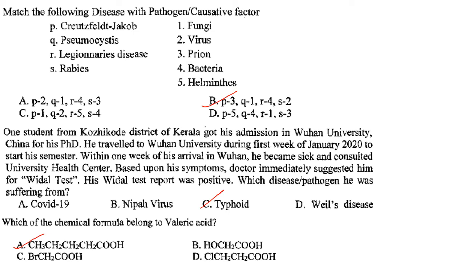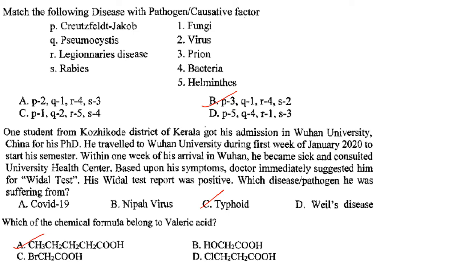Then next one, one student from Kozhikode district of Kerala got his admission in Wuhan University, China for his PhD. He travelled to Wuhan University during first week of January 2020 to start his semester. Within 1 week of his arrival in Wuhan, he became sick and consulted University Health Center.